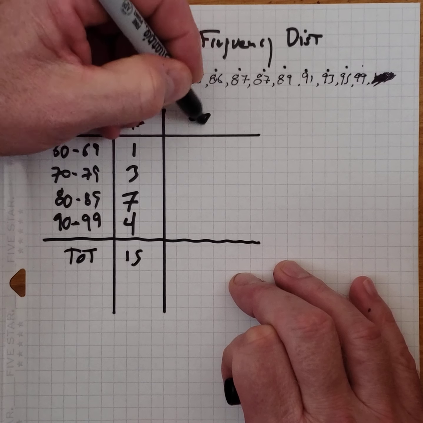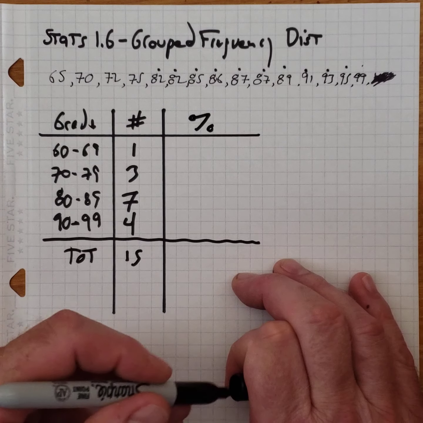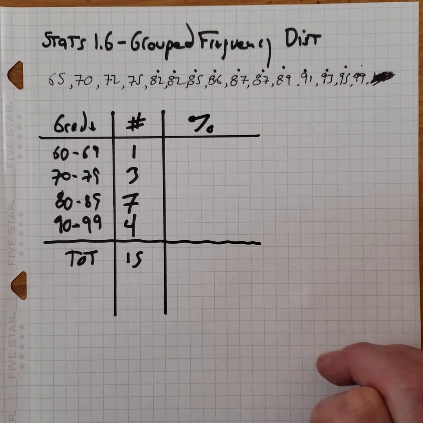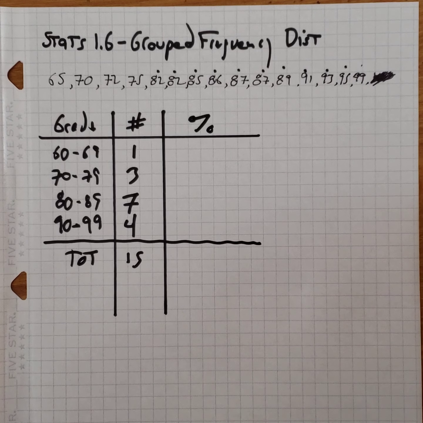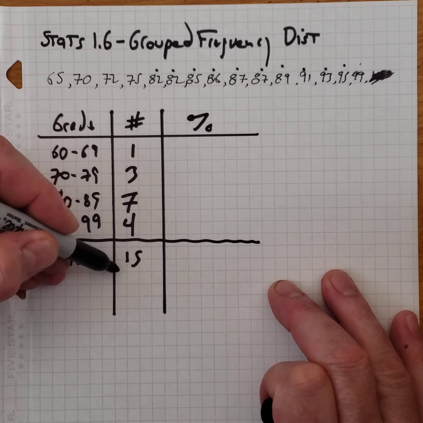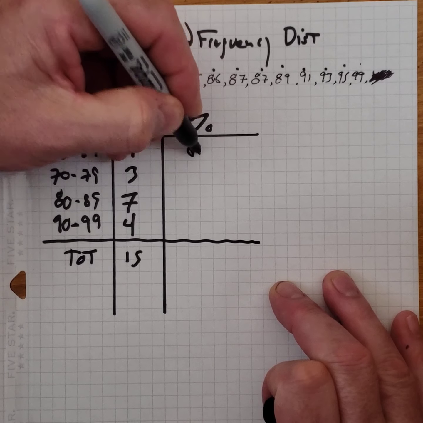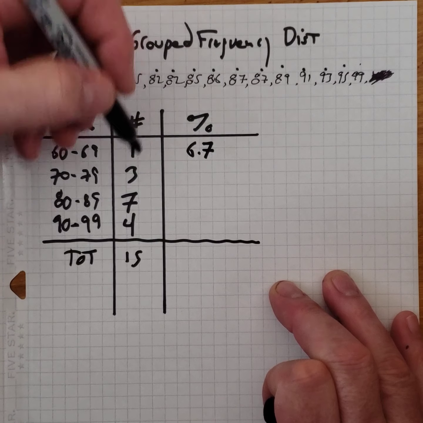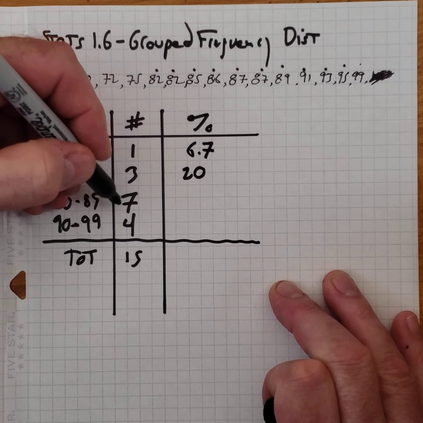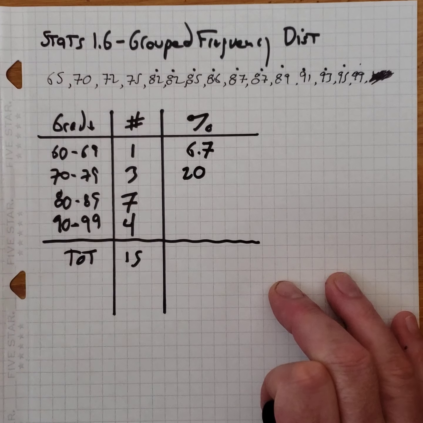And we're going to look at the relative frequency distribution also. So not how many people scored in the 60 range, but what percentage of students scored in that range. And you remember from the previous one, if we divide 1 by 15, we get 6.7%. 3 divided by 15 was 0.2, which is 20%. We'll have to check on these guys here.